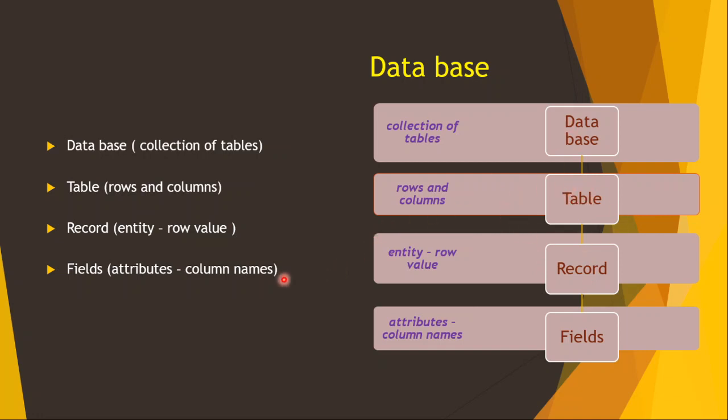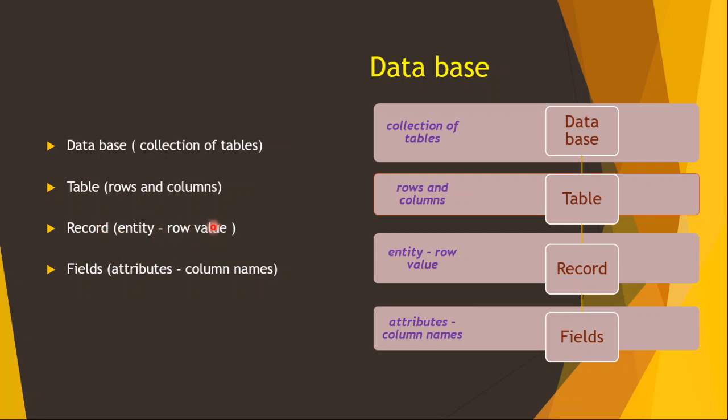Fields are the attributes, the column names. For example, in a student database, name is one column, an attribute; age is another attribute, another column; then date of birth, place, religion, community. Everything is an attribute. A record is the whole information about one entity. About a student: the student name, register number, age, date of birth, all those values.